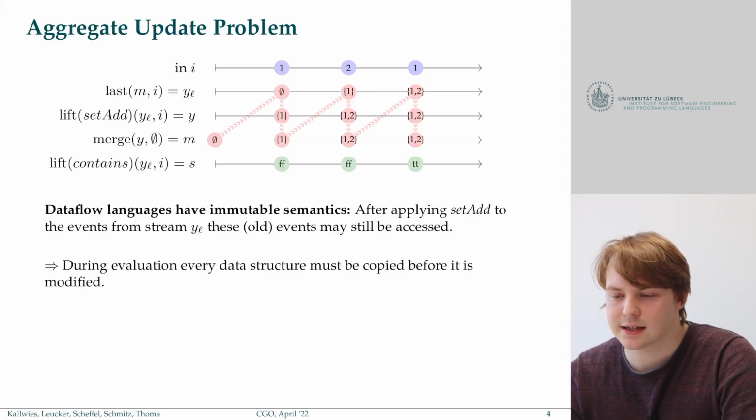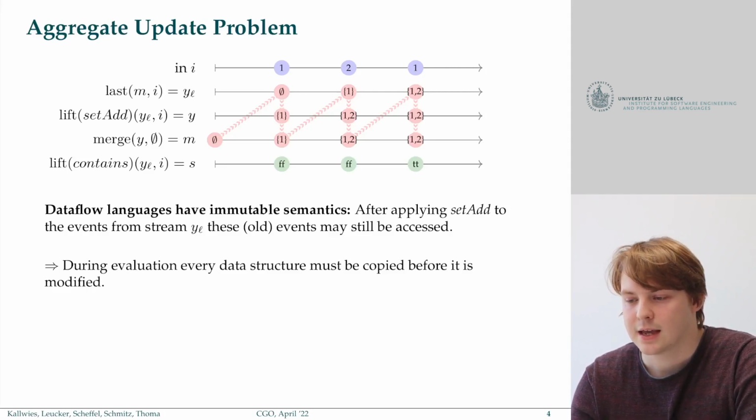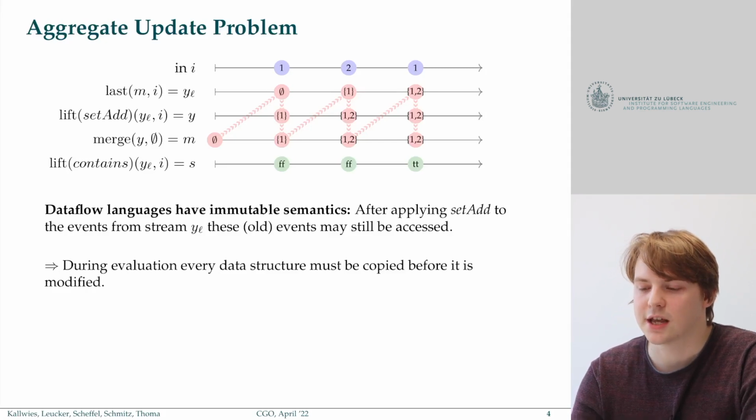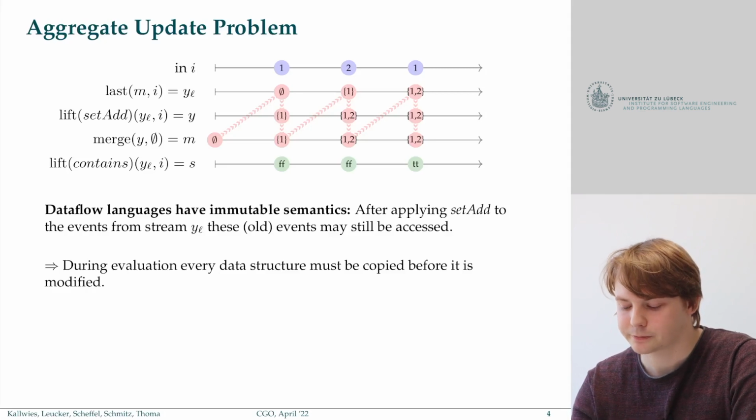This is simply because we could need the old data structure later again. As you can see in Dataflow languages, the events don't always have simple data structures like ints or bools, but also complex ones like sets, here in this example. However, copying such data structures may be expensive and actually you want to avoid it.